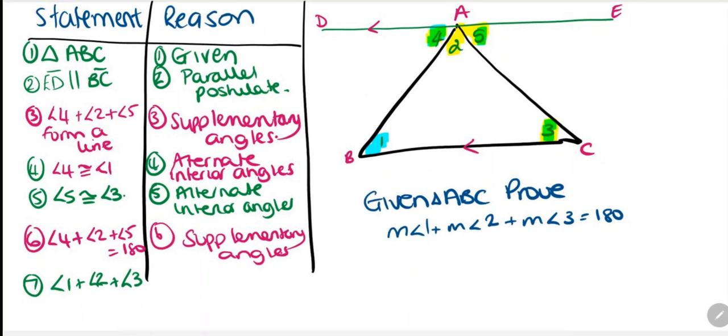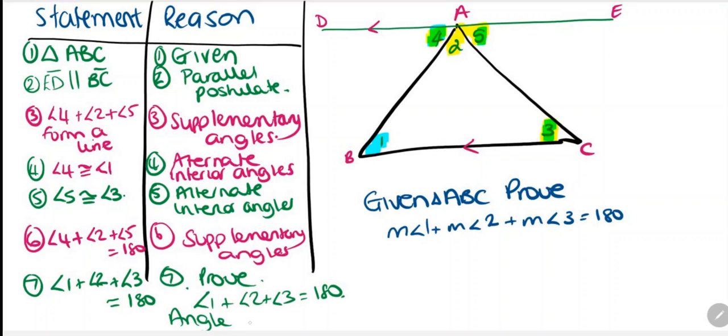So therefore we can say that angle 1 and angle 2 and angle 3 equal 180. So we have proved that angle 1 and angle 2 and angle 3 are 180, which is the angle sum theorem.